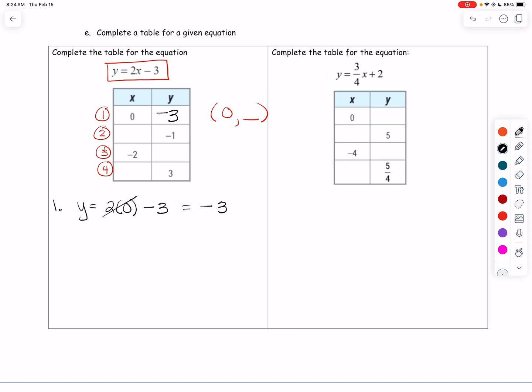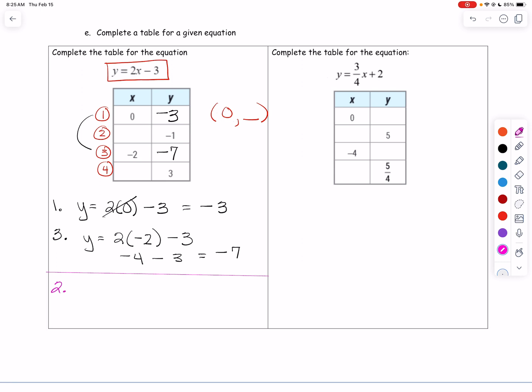Then since I'm in the y mode, I'm going to jump down to number 3, okay, because these two are looking for y's. So number 3 says y is equal to 2 times x, which is negative 2, minus 3. And so now I have negative 4 minus 3, and that point is negative 7. And then I'm going to switch modes here, and now I'm going to do number 2 and number 4.